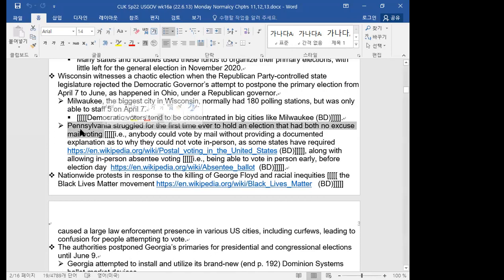So Pennsylvania struggled for the first time to ever hold an election that had no excuse voting. You didn't have to give an excuse as to why you wanted an early voting ballot. Also to allow in-person absentee voting. In other words, to be able to go to the polling station days before the election, and vote days before the election. And this required Pennsylvania to pass a law to do this.